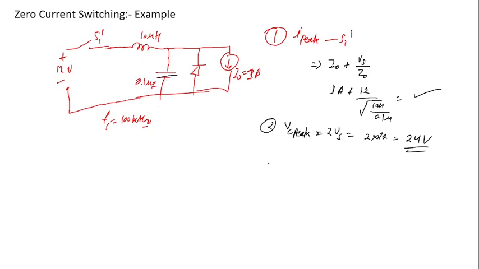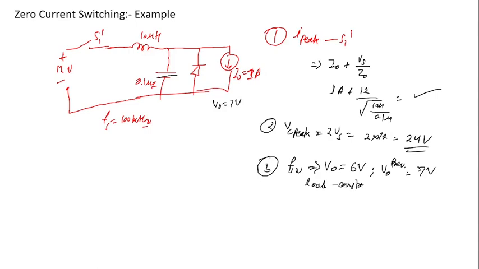Now the third question is what switching frequency we have to achieve if the output voltage is 6 volt instead of V0, which was previously 7 volt. Suppose you have to maintain the load constant, which means the load current is constant. I have already shown that V0 is proportional to Vs times the switching frequency. If the load current is constant, then this term is constant.